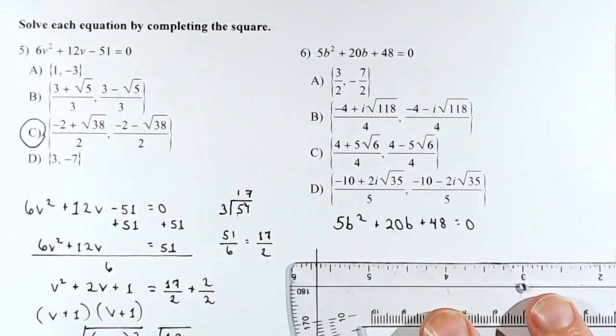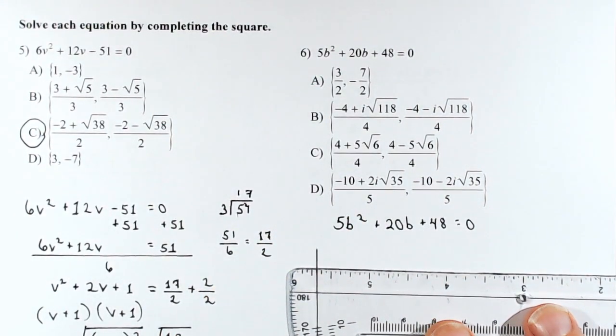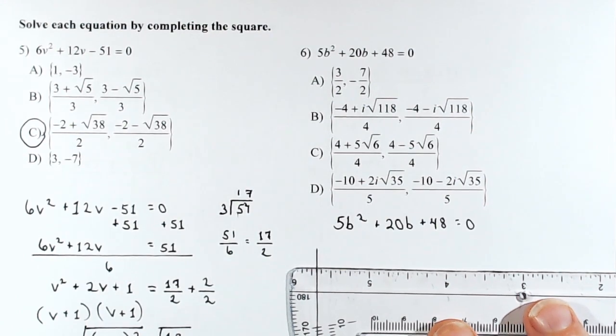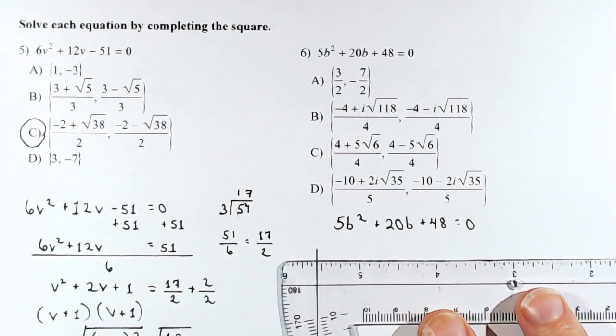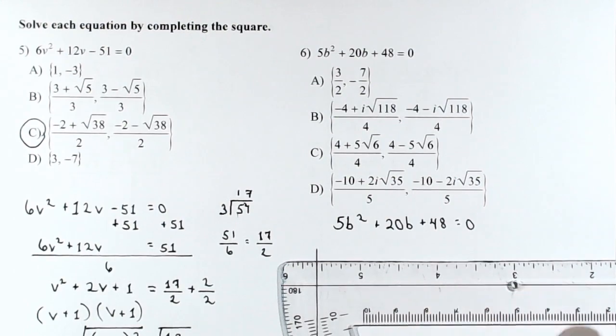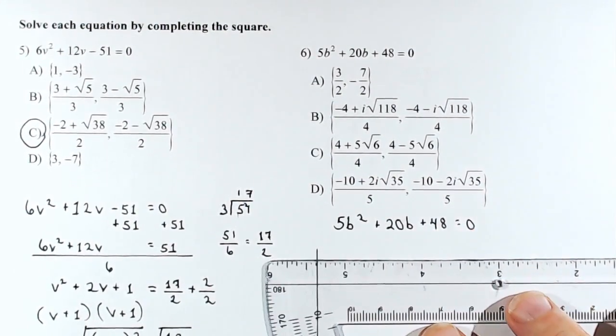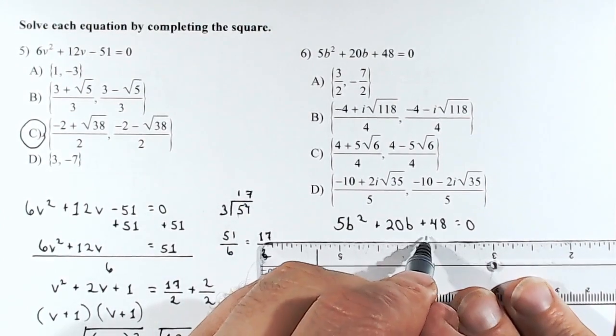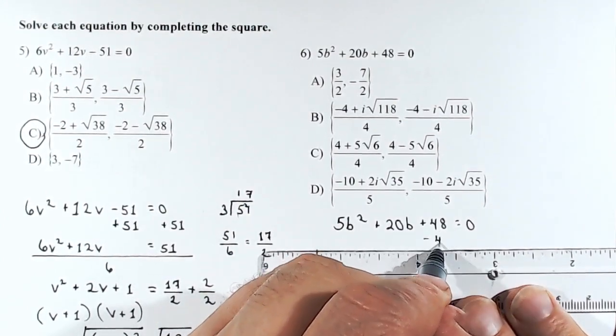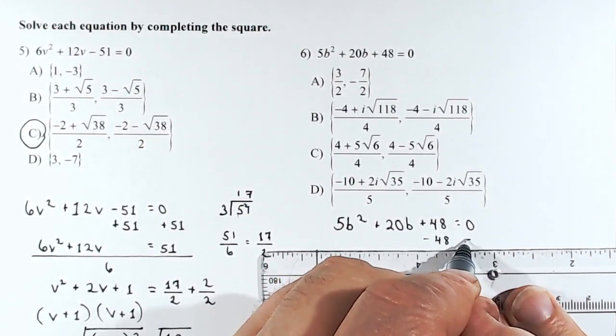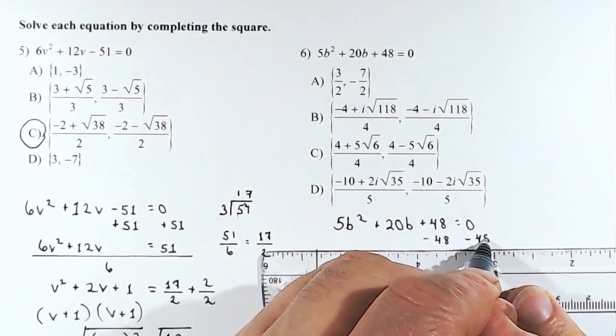Okay? So now, remember what the first step is: subtract the constant term from both sides, or add, whatever you have to do to move the constant term over to the right side. So first we'll subtract 48 from both sides in order to move it to the right side.